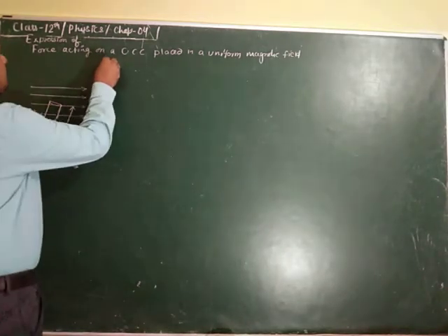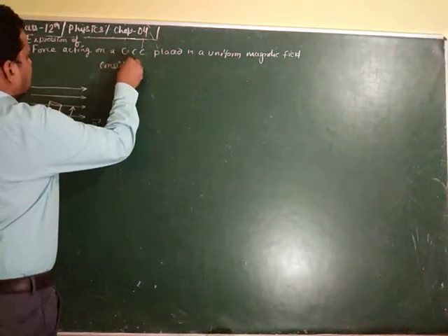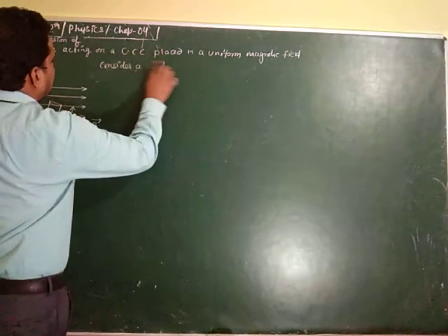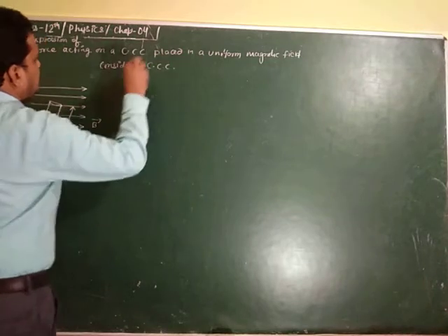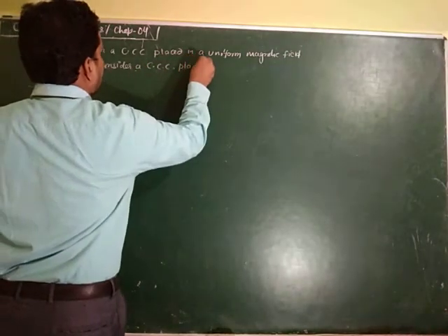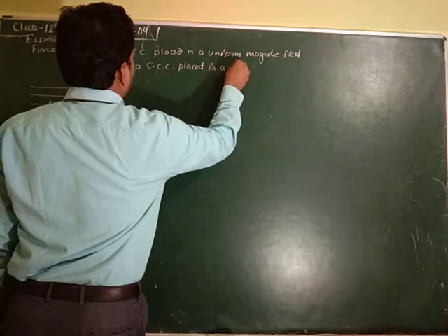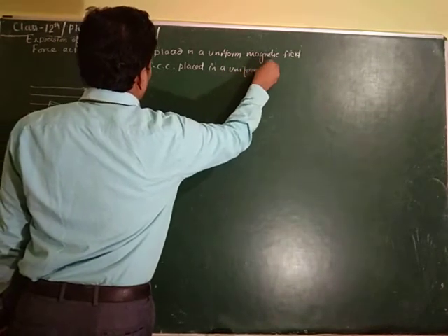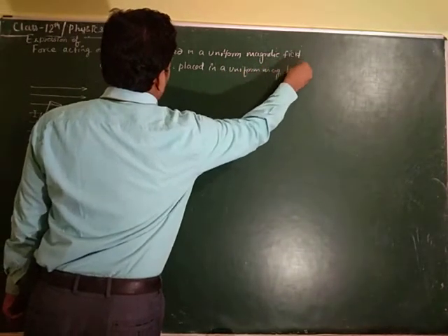So I will write some assumptions here. Consider a current carrying conductor placed in a uniform magnetic field.